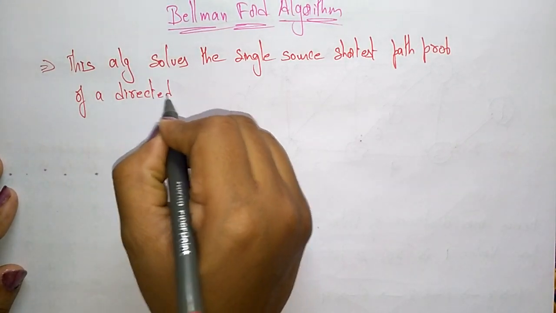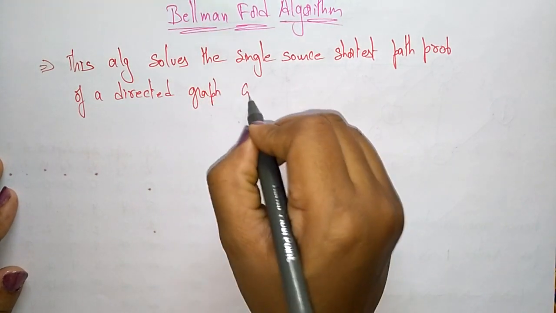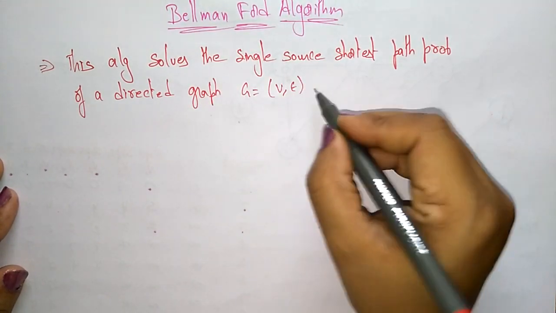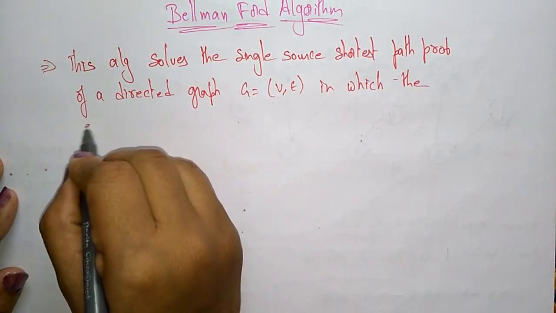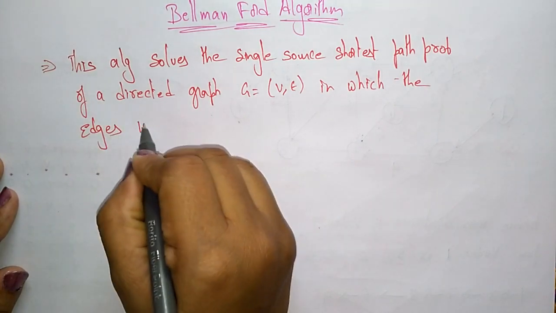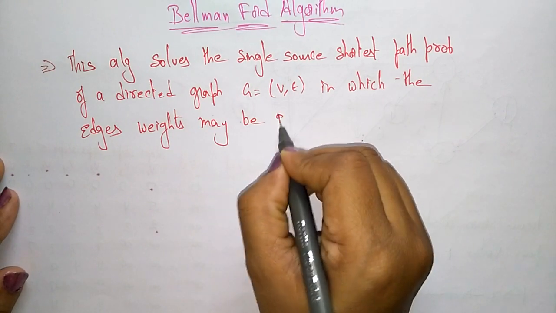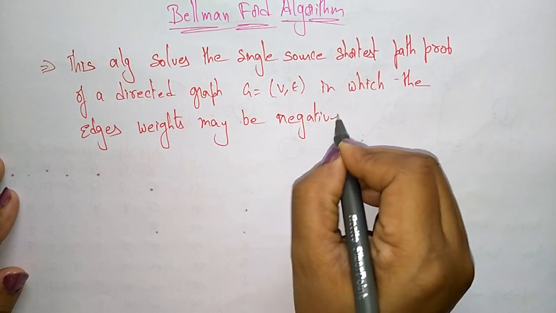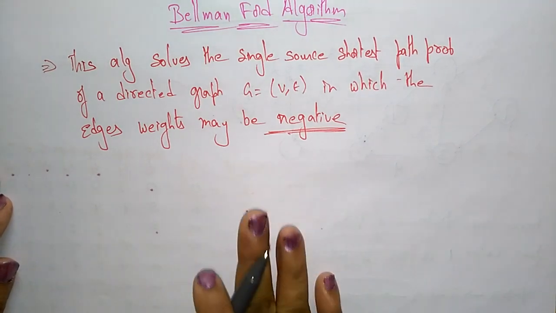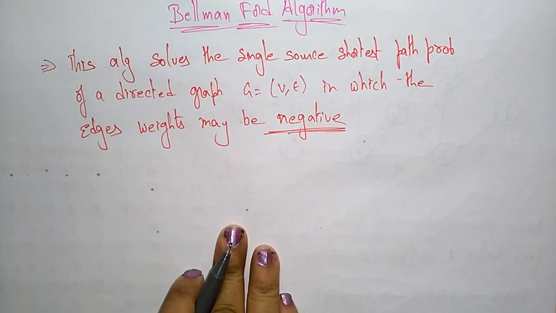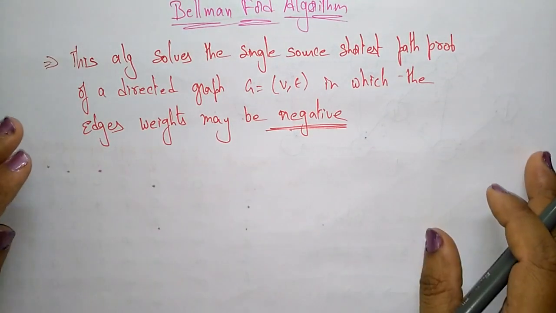Dijkstra is also on a directed graph, but the only difference here is G is (V, E), in which the edge weights may be negative. So Bellman-Ford can accept negative weights, whereas in the Dijkstra algorithm only non-negative weights are accepted for the edges. But in Bellman-Ford you can take negative values also.